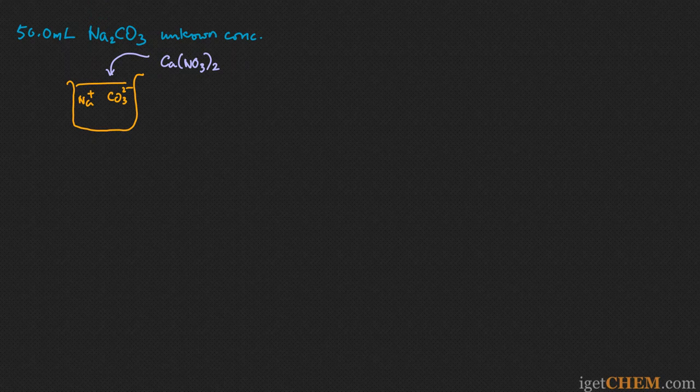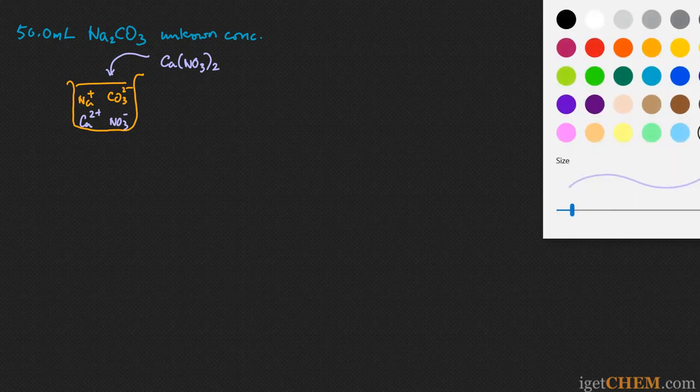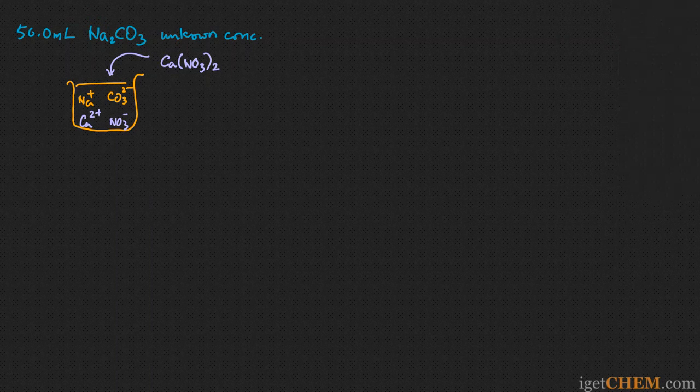When you introduce the calcium nitrate, it is soluble, and so it would split up into calcium 2+ ions and NO3- ions. Now the calcium ion will start to form a precipitate with the CO3 2-, and that will fall out of the solution. So that's really the idea: to use the mass of the precipitate to figure out the concentration of the sodium carbonate originally. Okay, so let's take a look at the questions.